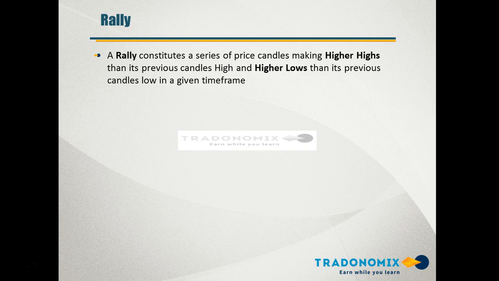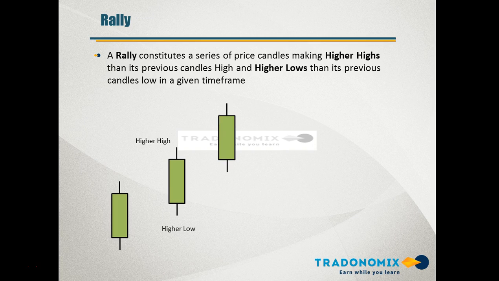Now that you know a candle, let's understand how to read a candlestick chart. The most important thing to understand in a chart is what the movements are. So it's a rally movement or a decline movement. Rally constitutes a series of price candles which are making higher highs and higher lows than its previous candle.